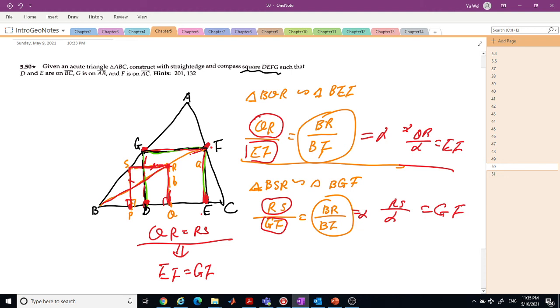Since we drew a square here, QR is equal to RS, so these two are equal. That's why you can use this way to construct a square.